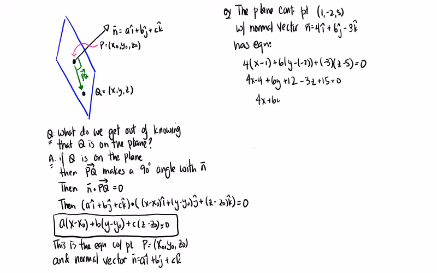So 4x plus 6y minus 3z equals, we have -4 plus 12 plus 15, so we have 27 minus 4 is 23. Subtract that. We get this. So this is the simplified version. This simplified version is particularly nice because, two things.